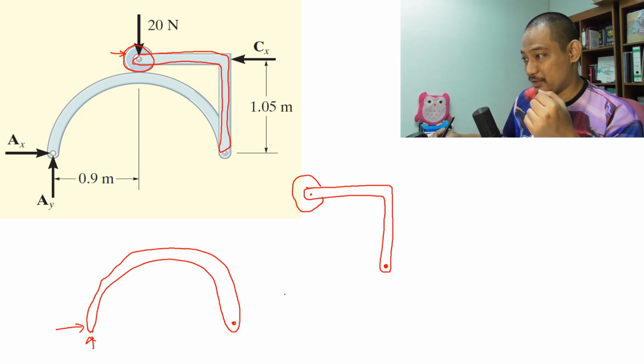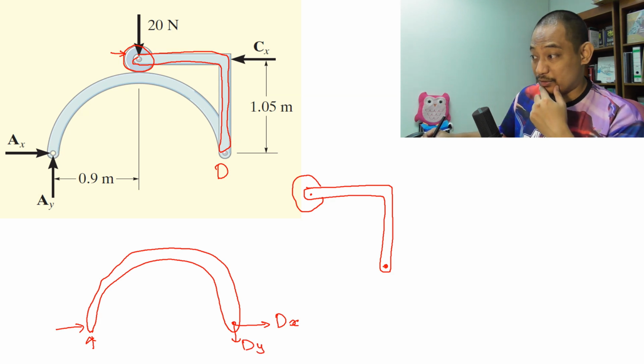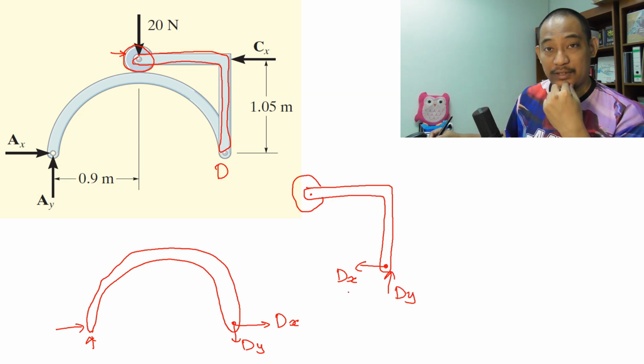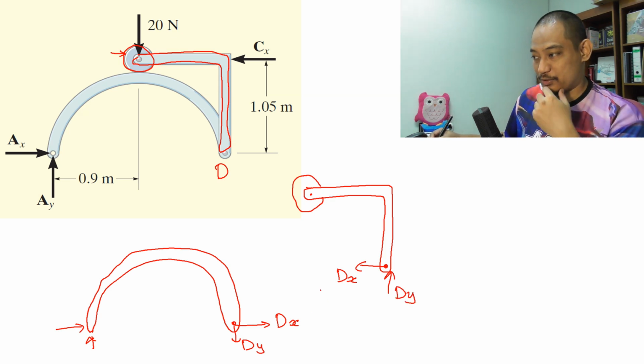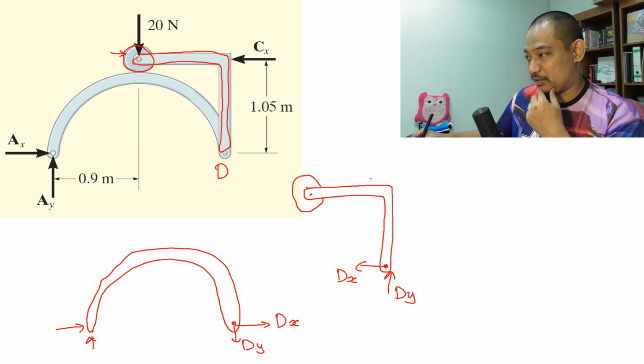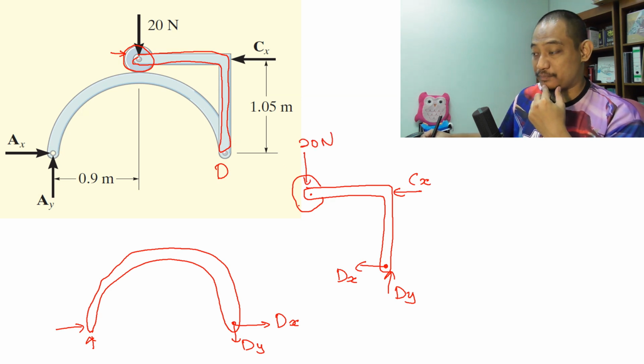There's no label here, so let me call this D. If you have here, for example, DX and going down DY, then here we'll have DX and going up DY. It should be opposite with the same force. And then here CX is already given. You also have 20 Newton given by the question.